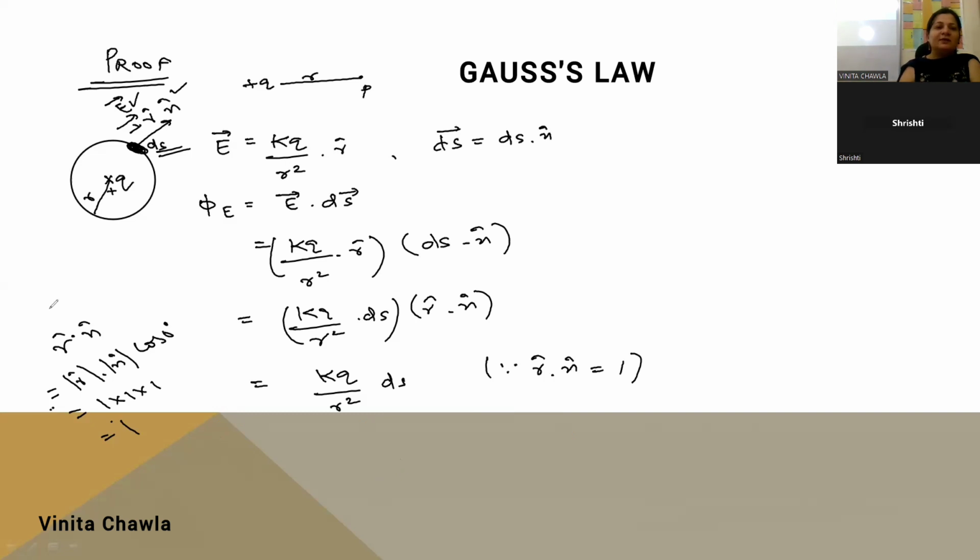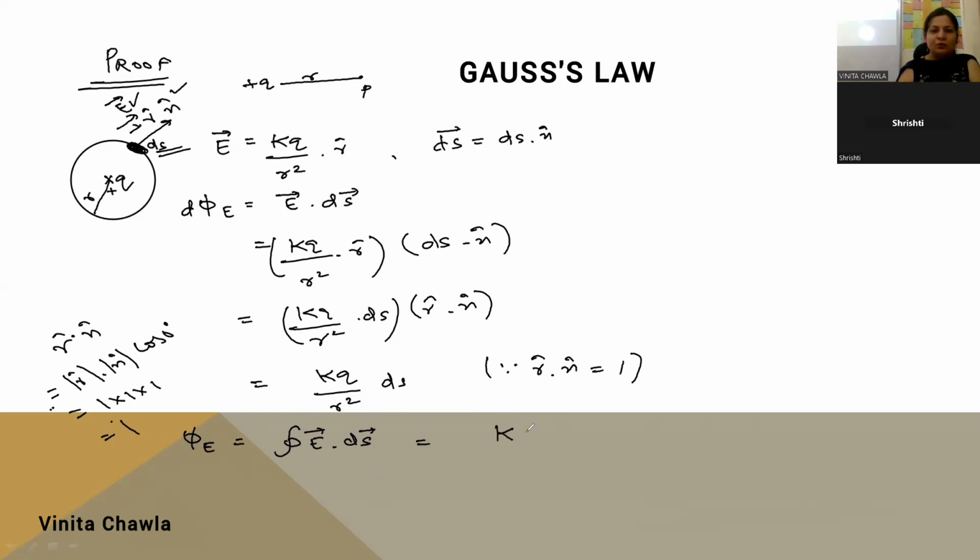Now this electric flux is the small electric flux, right? Due to the small area element, we have the small electric flux. So net electric flux will be, we'll do the integration. Now we will integrate it to get the net electric flux.